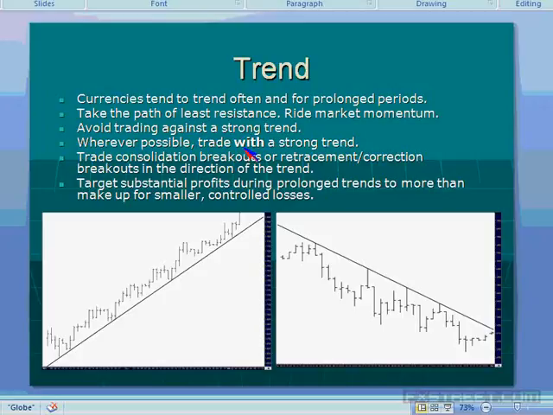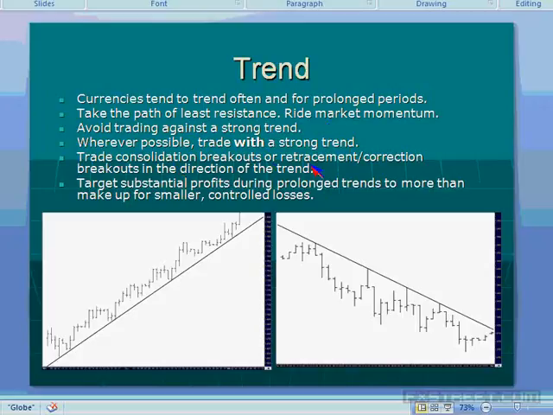If there's not a strong trend, then you could avoid trading the market. But if there is a strong trend, why not trade with that trend? Wherever possible, I trade with a strong trend, meaning when I see an opportunity. When things trend, I will always avoid trading against a strong trend. I will trade with it, but I will avoid trading against a strong trend.